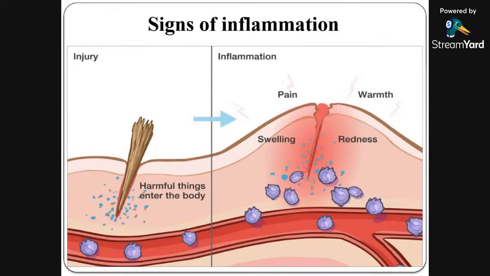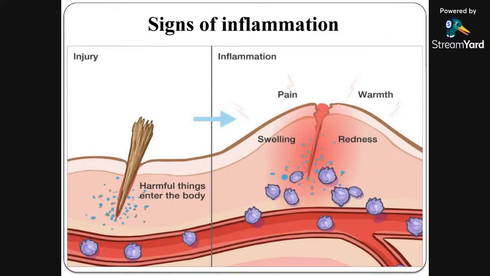When any harmful object or pathogen enters the body, it produces different signs. Redness is caused by dilation of arterioles. Heat or warmth is due to the increased chemical activity and increased blood flow to that area.